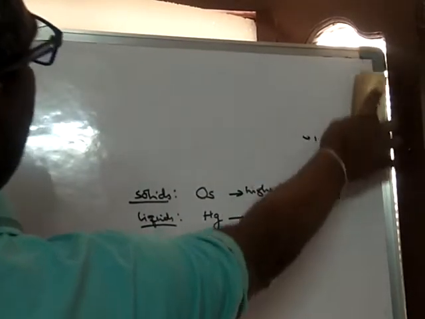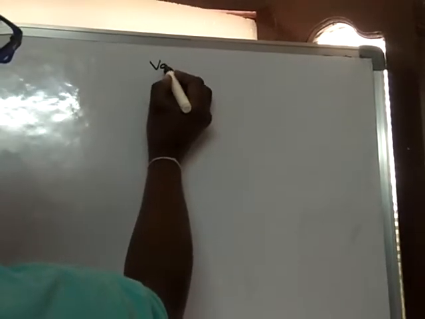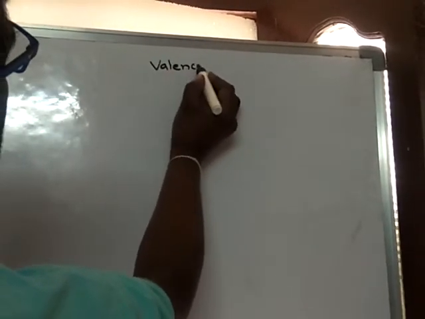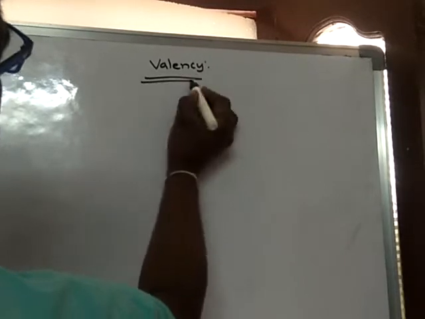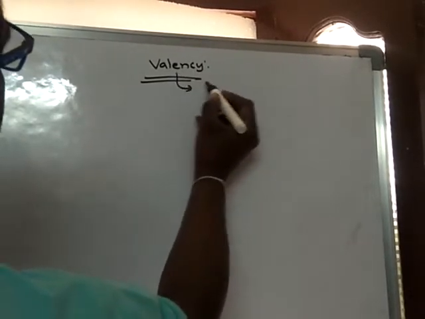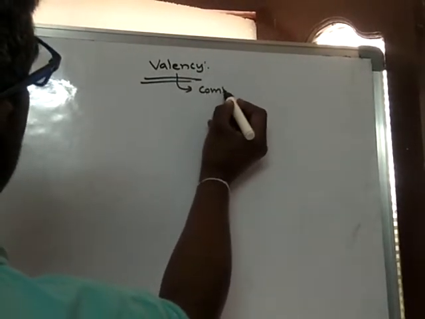Now we will learn the next periodic property, valency. What is valency? Valency is nothing but the combining capacity of an element.